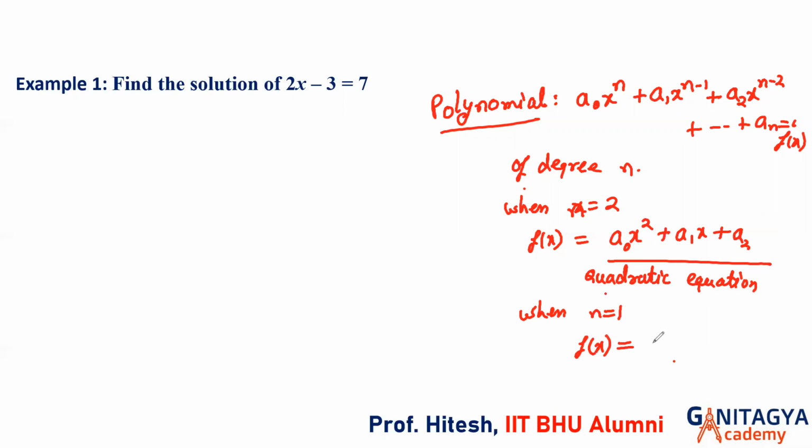That will be a0 x plus a1. So when the power of x is 1, that polynomial is known as a linear equation. Please write it down. So this is called linear equation.